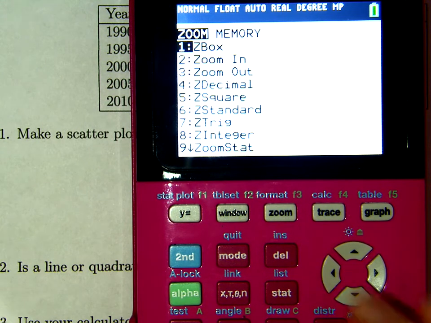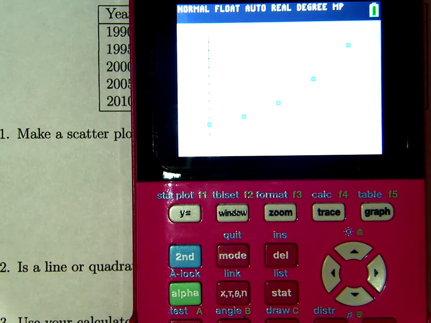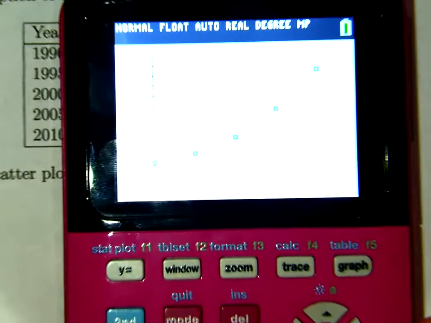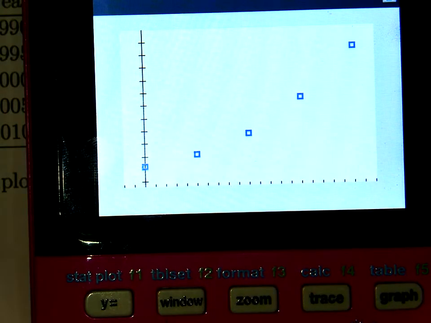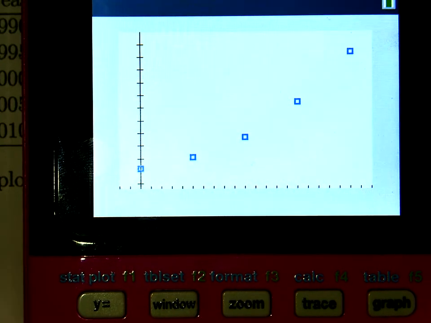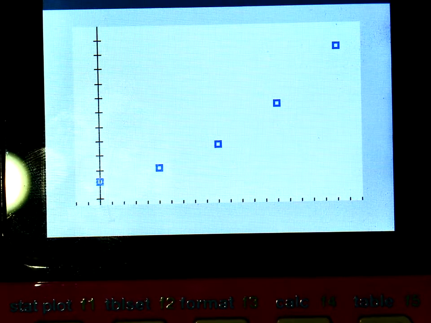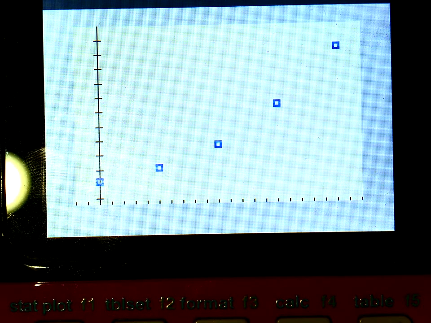Zoom, Statistics, number 9, and we get this image. Okay, so here is our image, and we're going to have to make a decision on whether we see curvature or not.